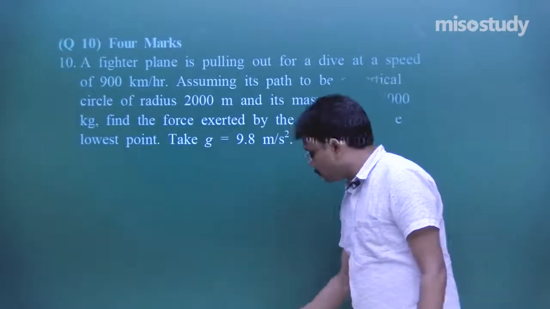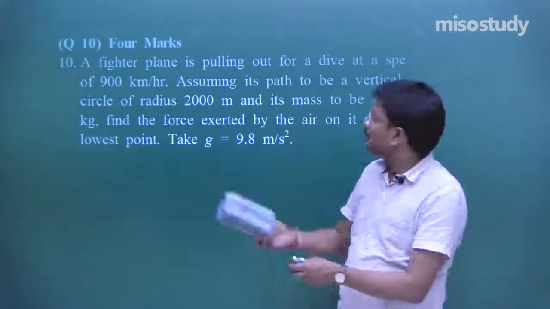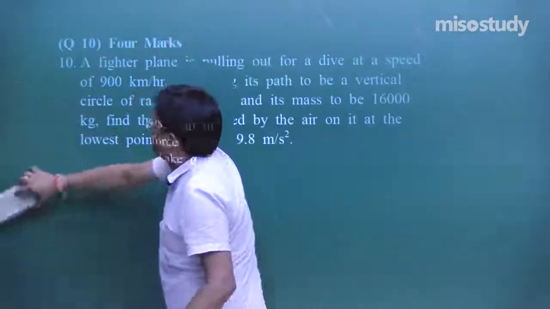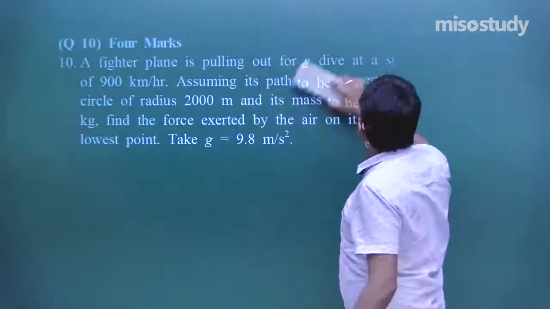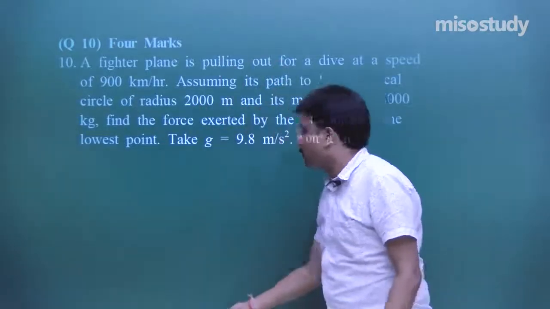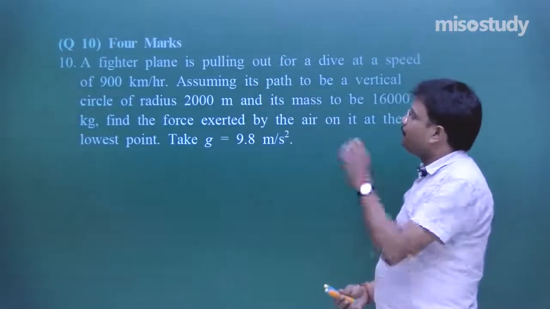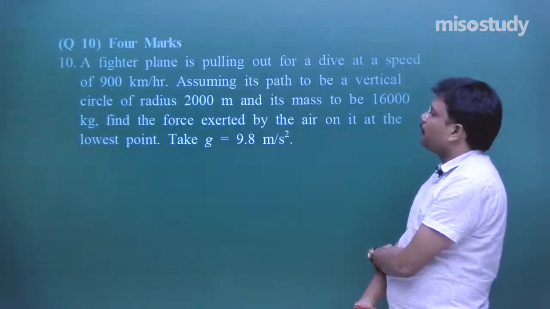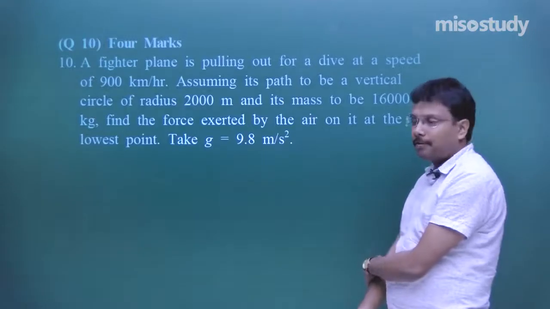Then comes this question number 10. Again this question is for 4 marks. So for every question you are attempting, please read the instructions carefully before starting. A fighter plane is pulling out of a dive at a speed of 900 km per hour.